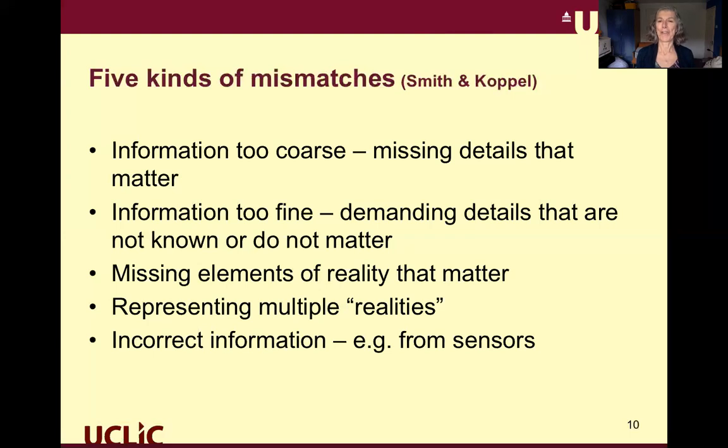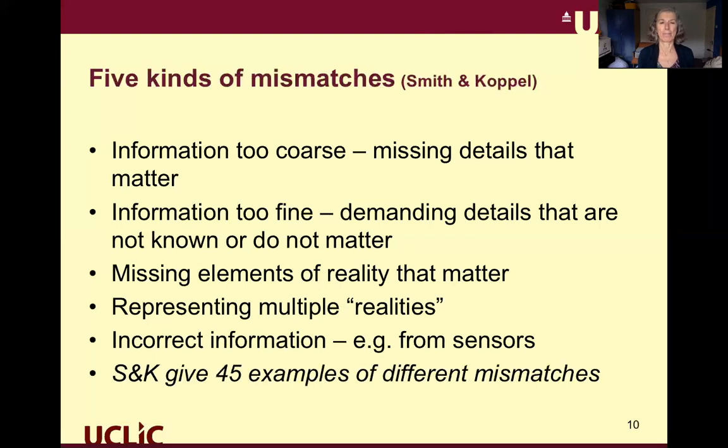We don't have an Alexa at home, but our children do, and often it doesn't understand them or it misinterprets them. It's not very good at getting the information correct. So Smith and Koppel give 45 examples of different kinds of mismatches in their paper. It's not an exciting read, but across that set of examples, there are some very valuable insights.